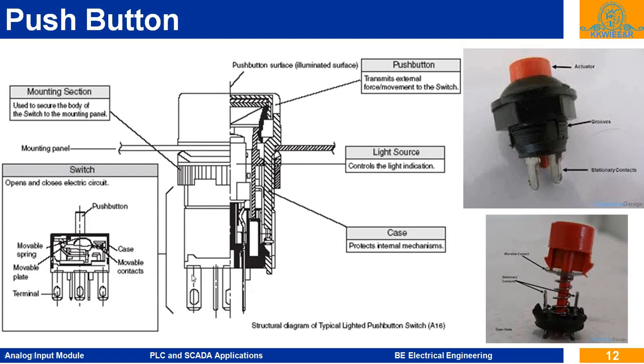Now, based on your application, there are normally open contacts and normally closed contacts. These push buttons are momentary, so when we remove the finger, because of the spring force it comes back to its normal position. These push buttons come in two types, illuminated or non-illuminated.